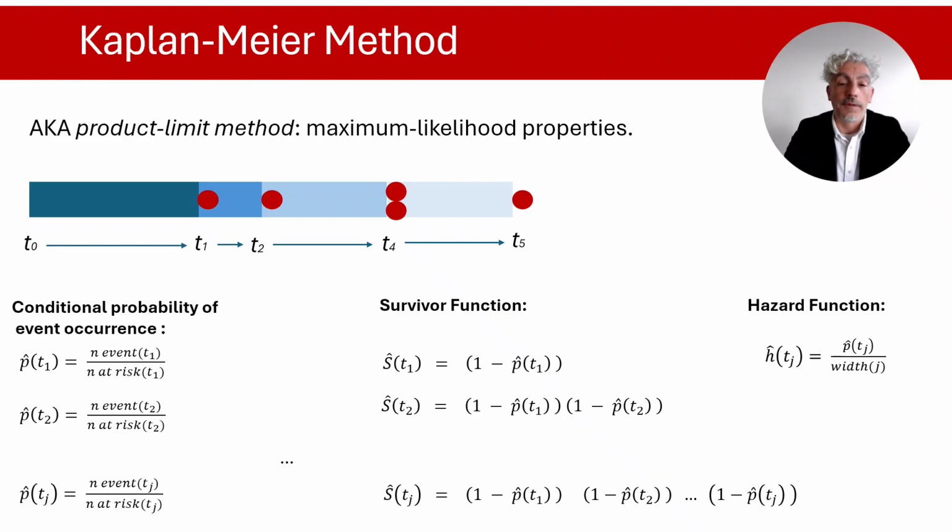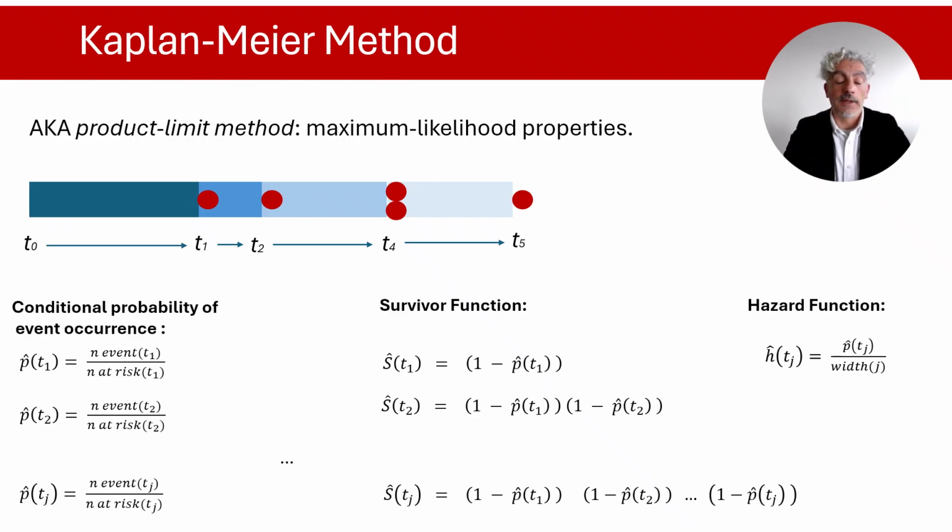The survival function is defined as the cumulative product of the complements of the conditional probabilities of previous intervals up to the interval of interest, and the Kaplan-Meier estimate of the hazard function will thus be obtained by dividing the conditional probability of event occurrence in an interval by the width of that interval.